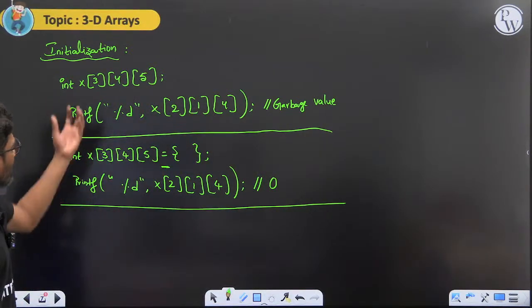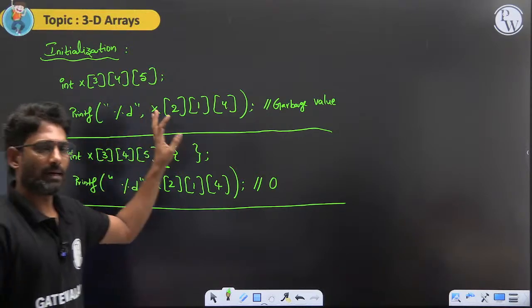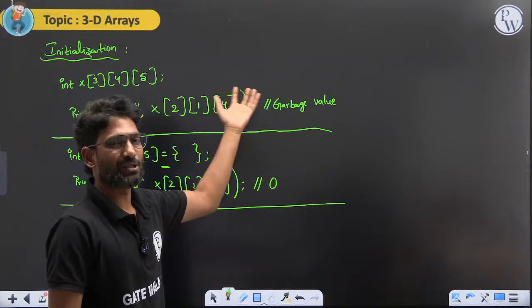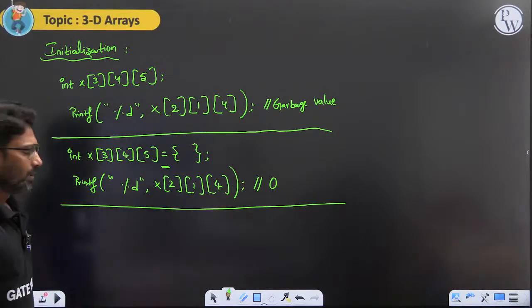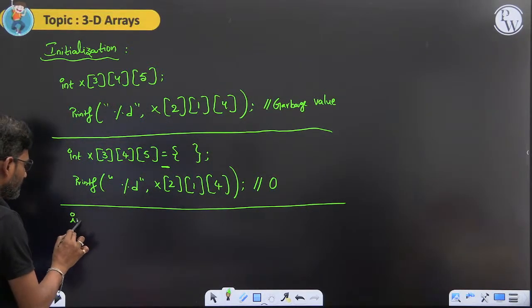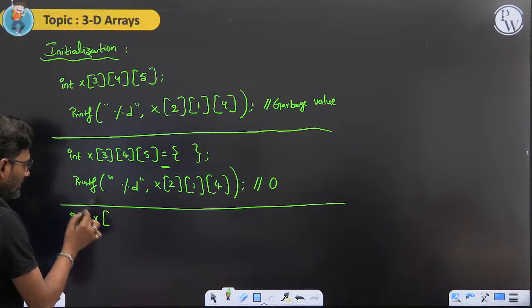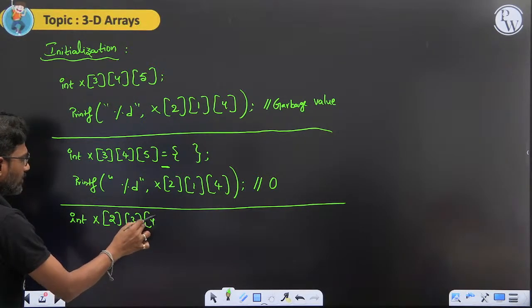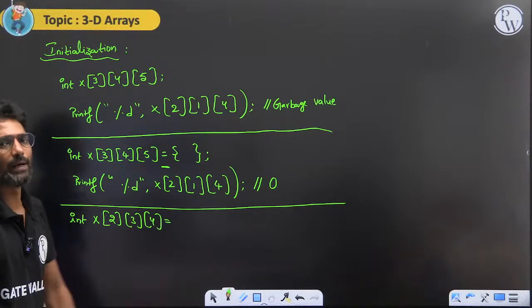Now suppose I would like to assign all the values. Now it will be 60 values. So let me take some small array just for simplicity. Let's say 2 by 3 by 4. Now I also have to give 24 values.